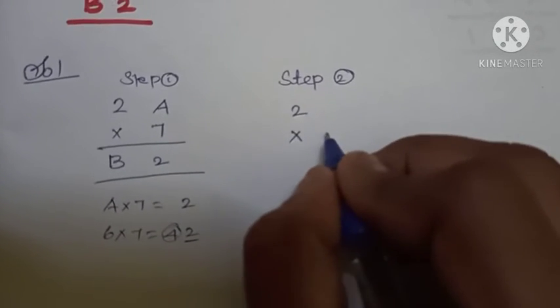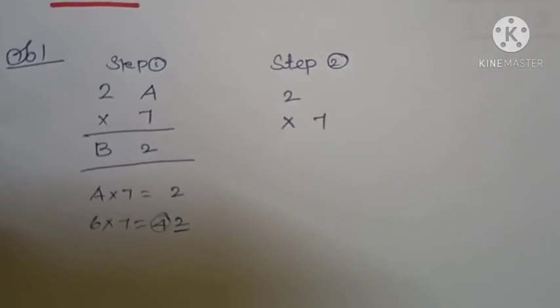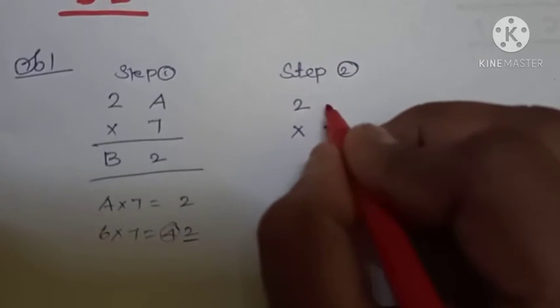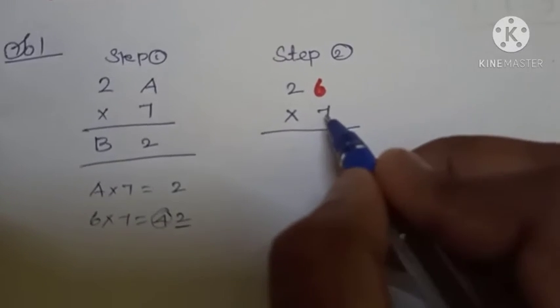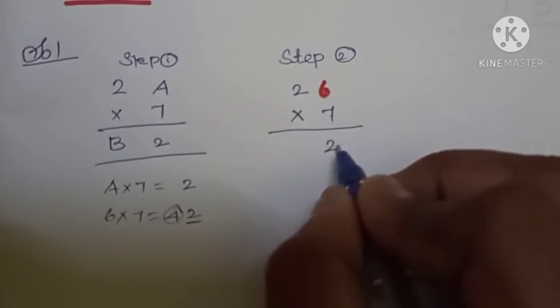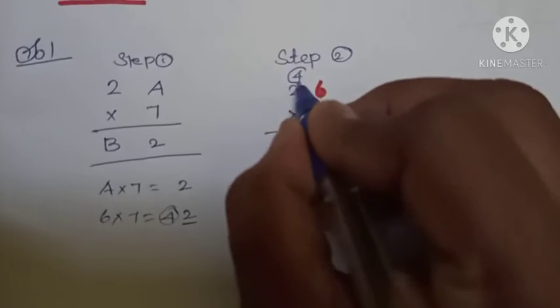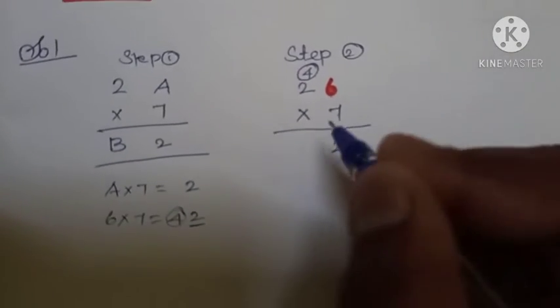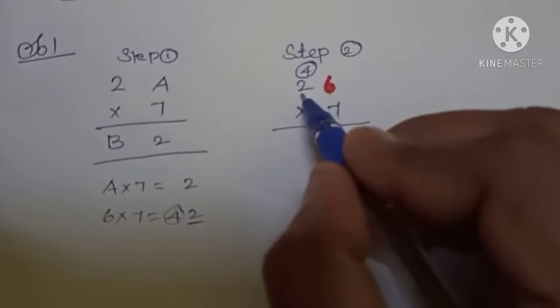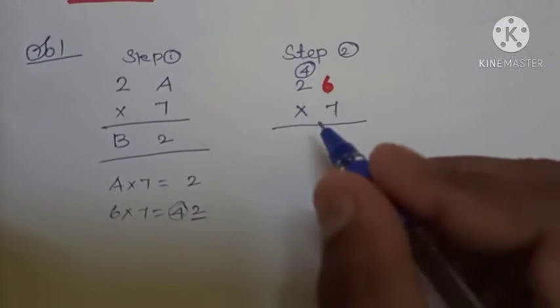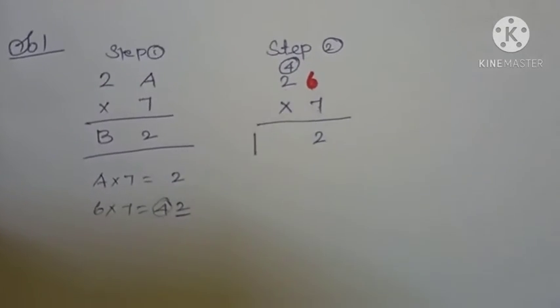So in step 2 we replace 6, and you get 6 sevens are 42, and then 4. Okay, and you need to replace the B also directly. 7 twos are 14 plus 4 is 18.